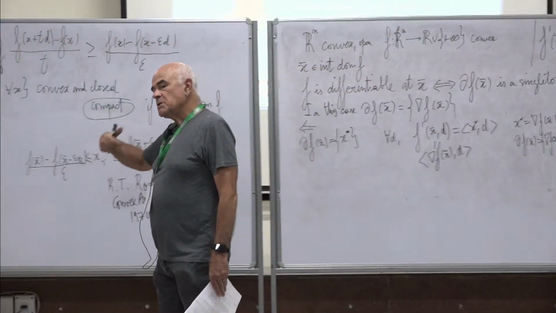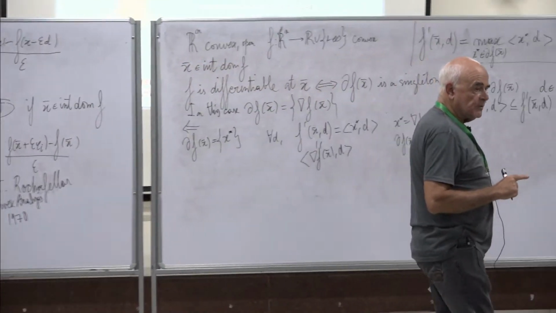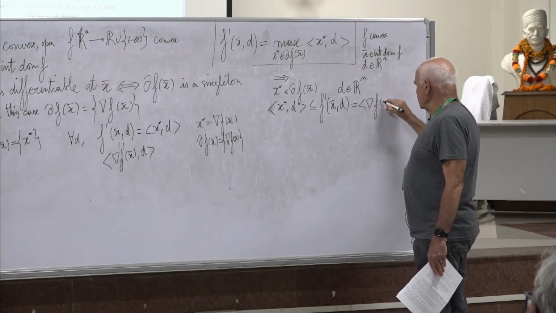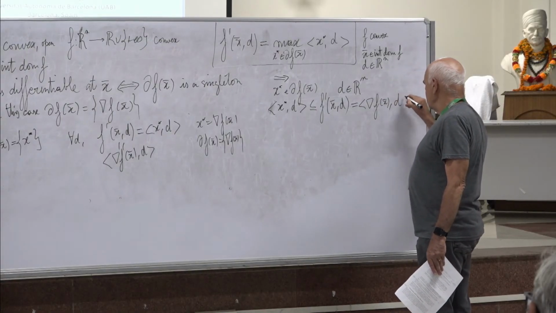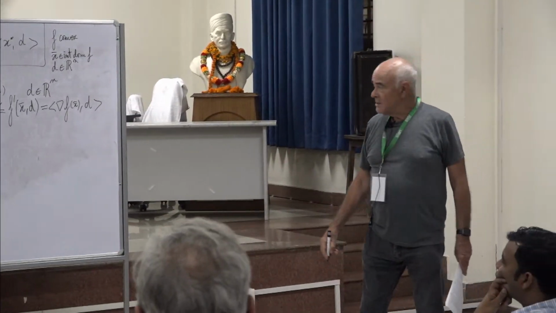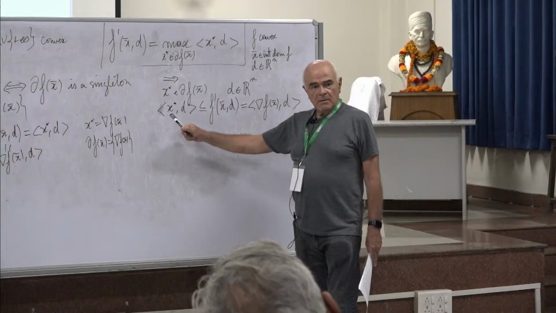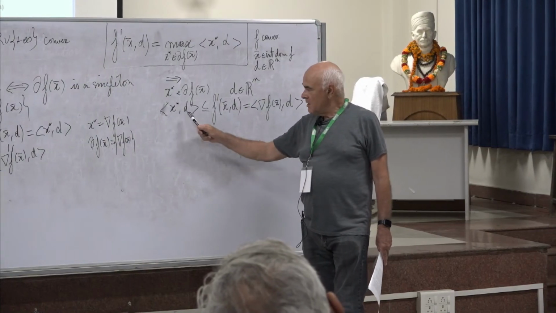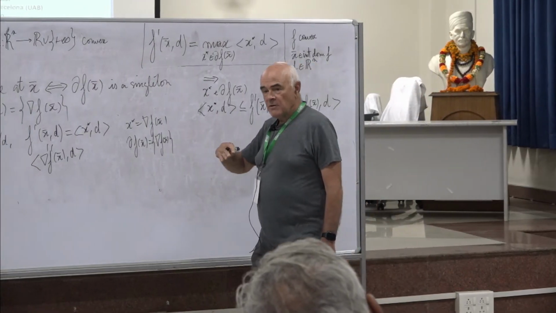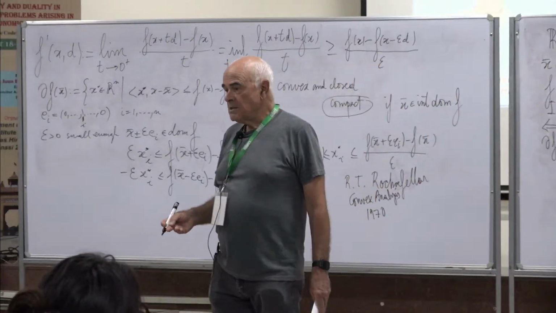Frechet differentiability, which implies Gateau differentiability, which means that this directional derivative is simply the gradient times d. And this is true for every d. So we have two linear functions of d, x star d and the gradient times d. And one is everywhere smaller than or equal to the other. Then they must be the same.